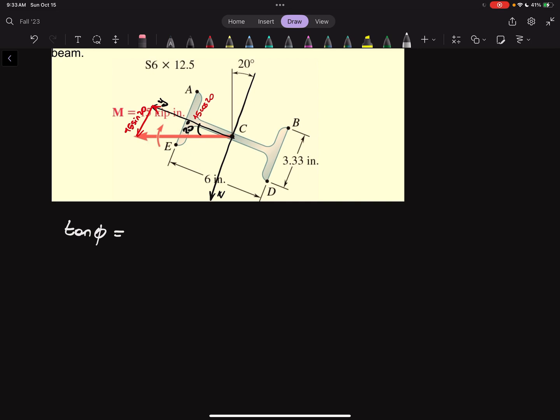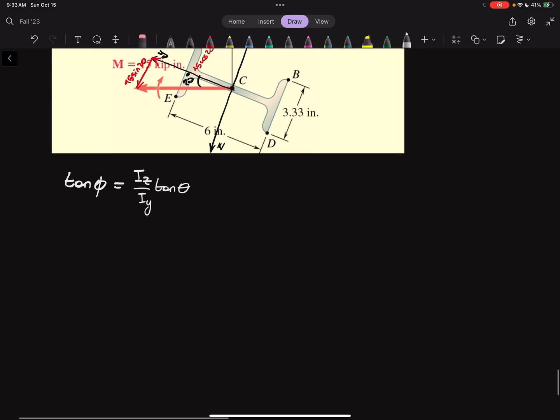It's going to be tangent of phi equals Iz over Iy times the tangent of theta. So phi is going to be the tangent inverse of Iz over Iy times the tangent of theta.